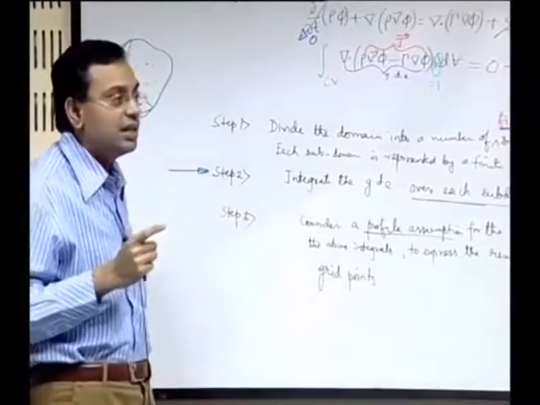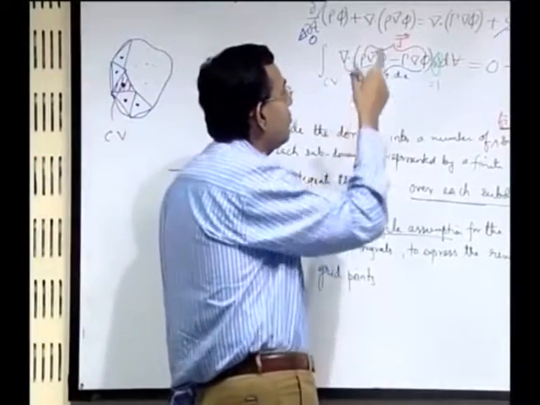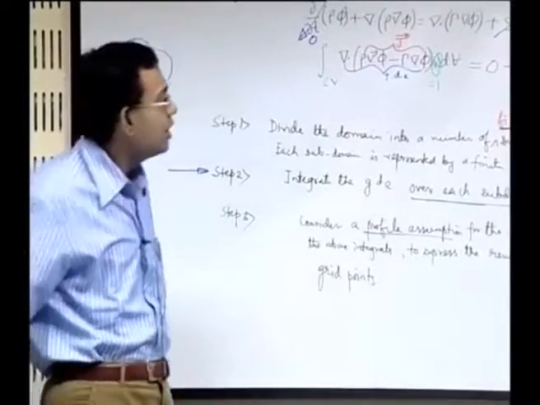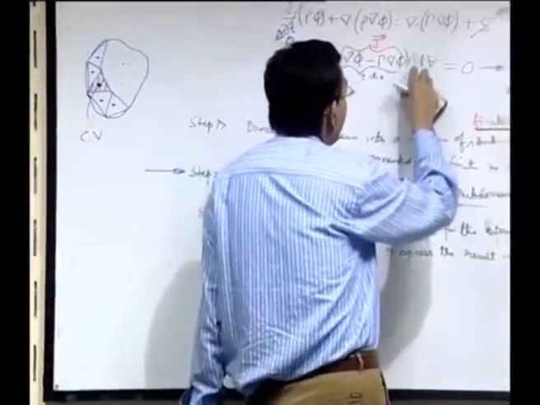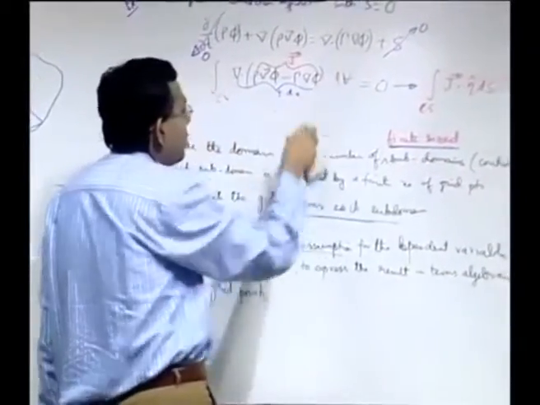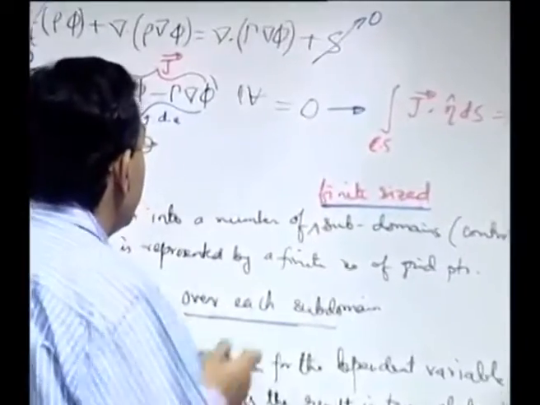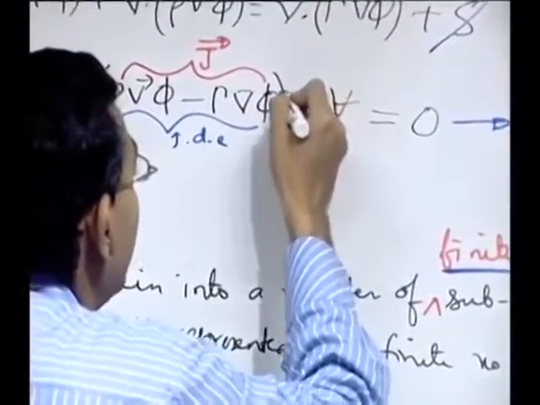That thing is that this method carries the physical meaning of conservation with itself. How does it do that? Remember that we are integrating the governing differential equation over the elemental volume.